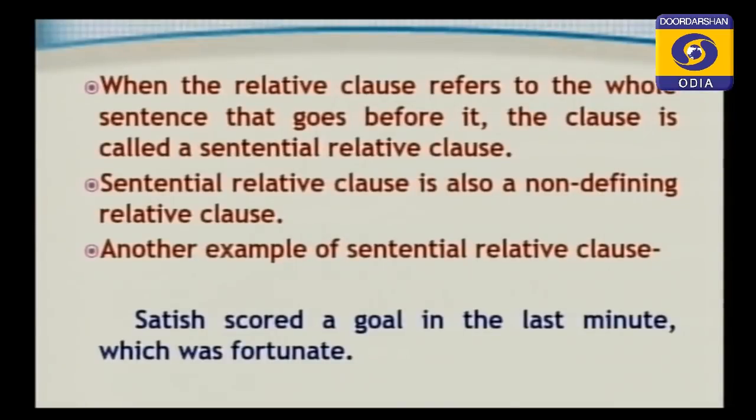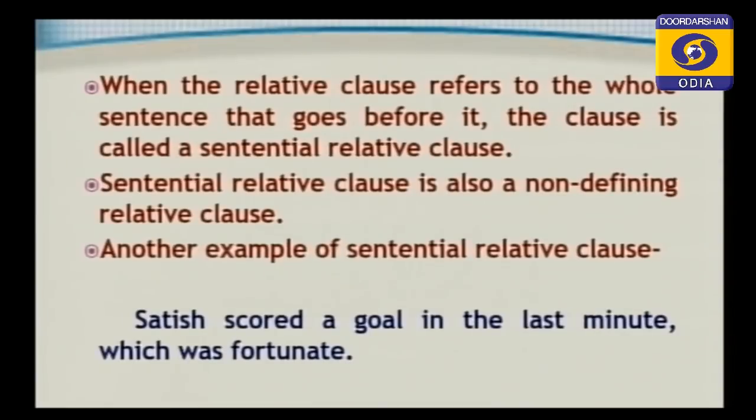Take more examples of sentential relative clause. I am giving you another example of sentential relative clause. Satish scored a goal in the last minute, which was fortunate. Satish was not fortunate. Goal was not fortunate. Last minute was not fortunate. Which was fortunate? The fact that Satish scored a goal in the last minute.